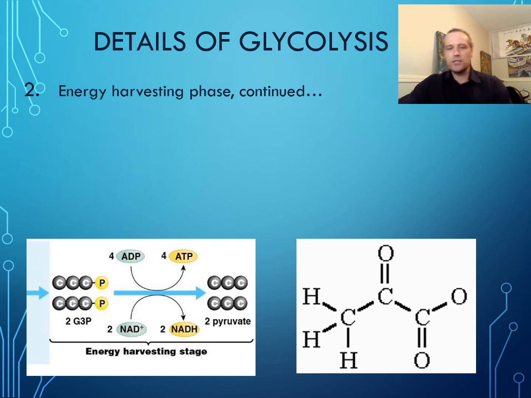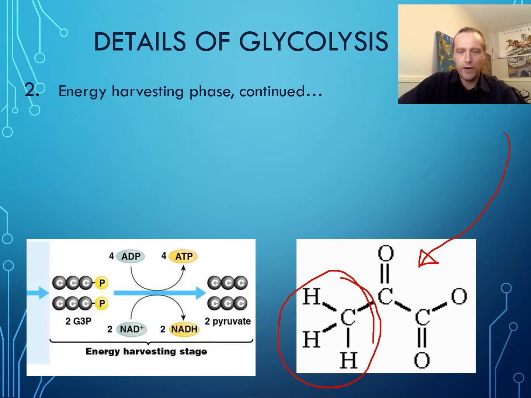Energy harvesting phase continued. So let me point out this molecule down here. If my misshapen head is blocking part of it, it's not blocking the important part. The important part of pyruvate is right here. Why? Let's remember what we just said about NADH.